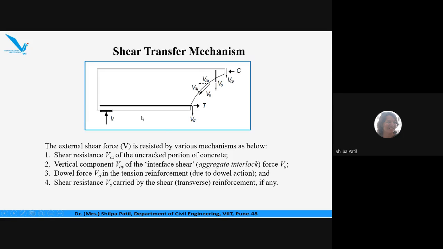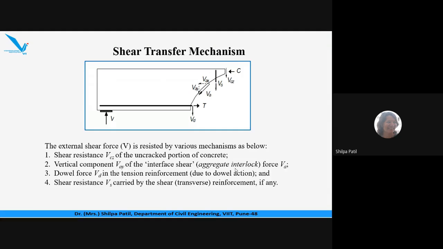Then of the remaining shear, the vertical component of that remaining force is resisted by the interface shear, and it is resisted by the aggregate interlock. See, concrete is a heterogeneous mixture of aggregates, cement and fine aggregate.